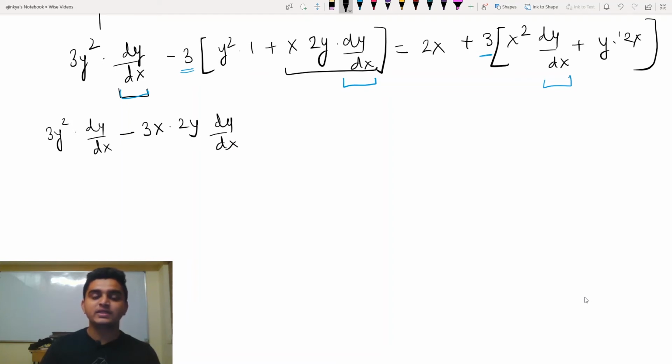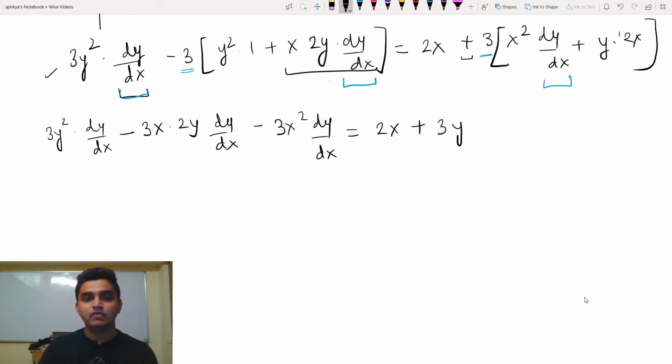Obviously this is going to be 6xy. Then this has a plus sign over here, and when it comes to the left side it becomes negative, which is going to be minus 3x square dy upon dx. Now here we have taken the first term and the third term, so the second term is going to be shifted to that side, so 2x plus 3y squared, right? And then here we have plus 3y times 2x.